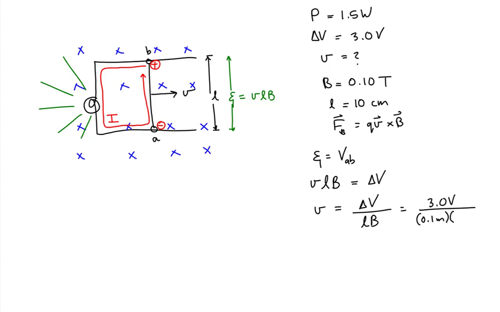And the magnetic field has a magnitude of 0.1 Tesla. After doing my unit check and plugging into my calculator, I get that the speed at which the wire needs to move is 300 meters per second.